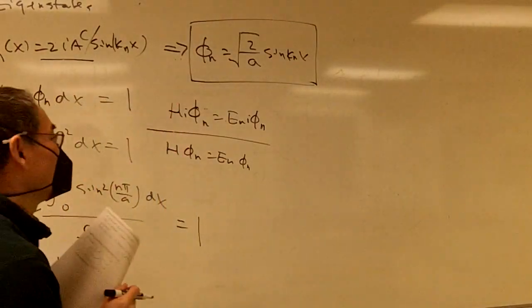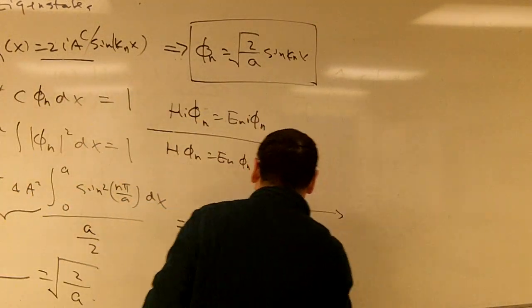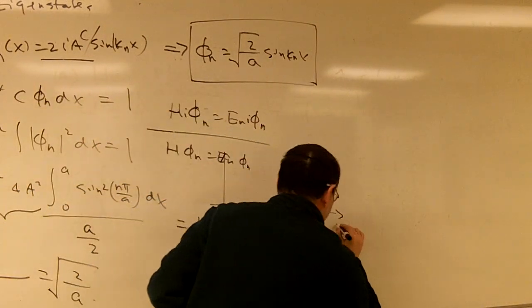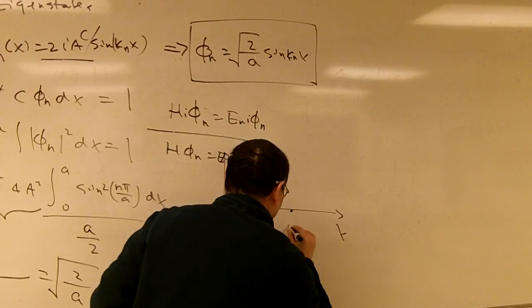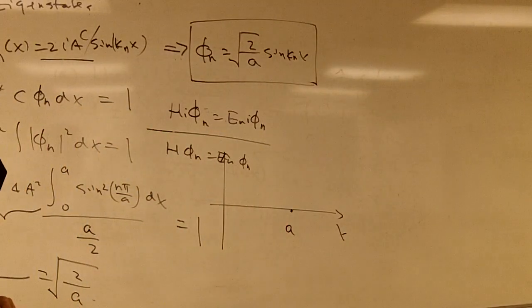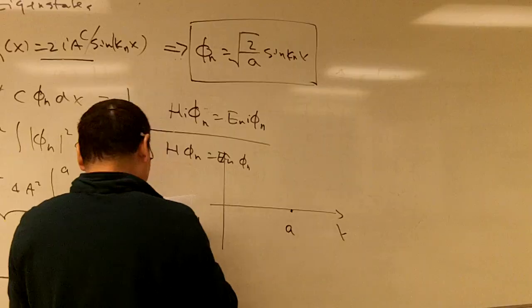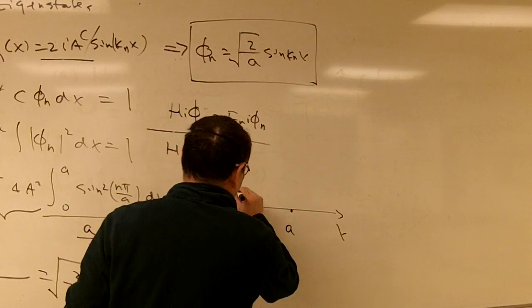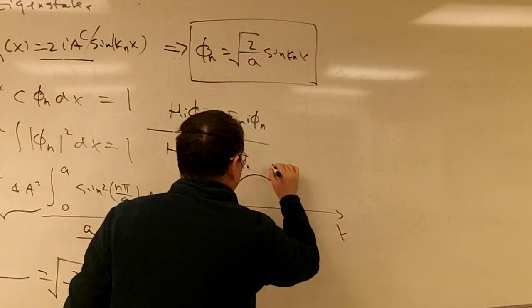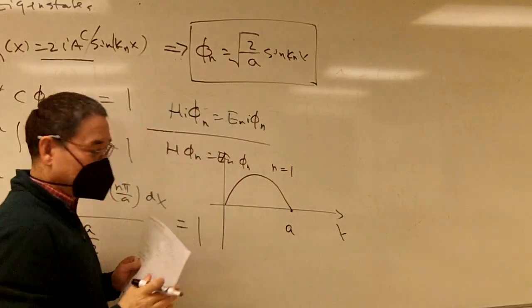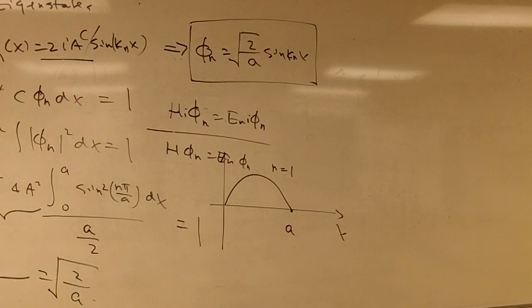Now let's enjoy this wave function. This wave function is very interesting. Here is my x equals a. You see in the beginning, the first wave function is just like this. That's n equals 1, the wave function behaves like that.